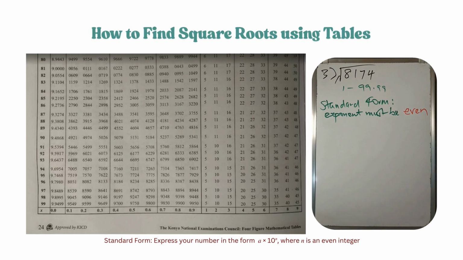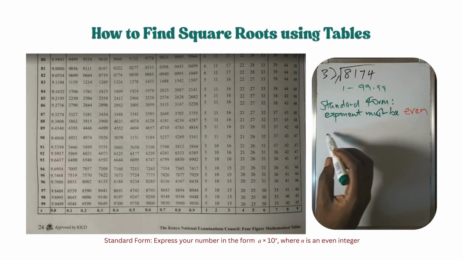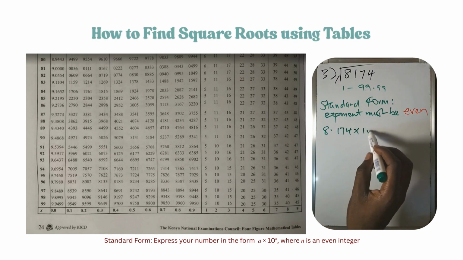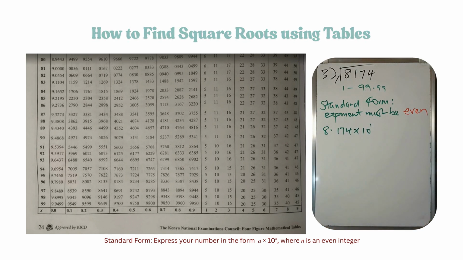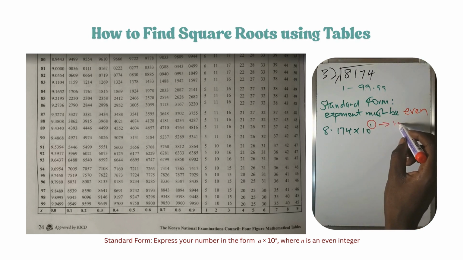So let's transform this one to a standard form. We cannot write 8.174 times 10 raised to 1, because this exponent is odd.